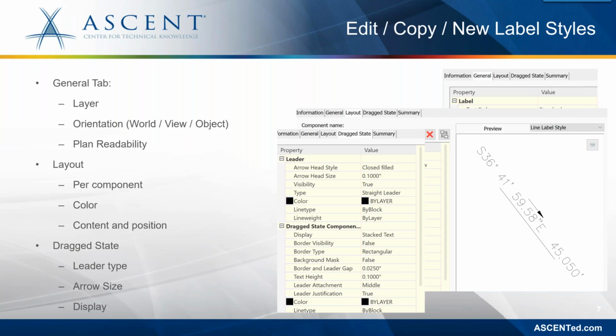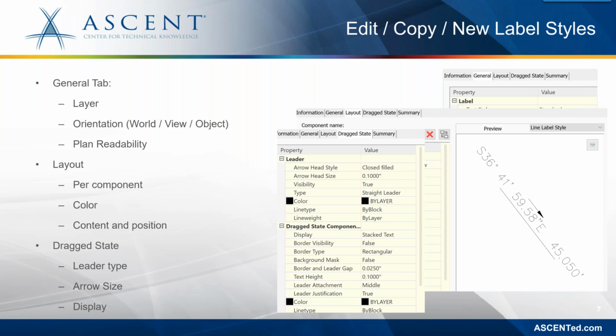And what's quite important is the display of it. It can either be stacked text or composed. And that's really a bit too difficult to explain right now, so I'll be explaining that during our demonstration.